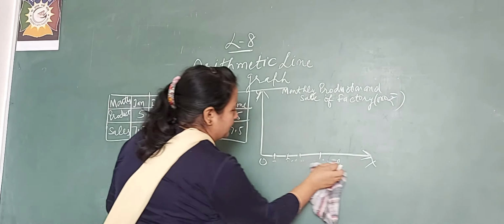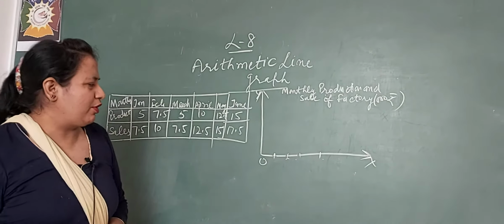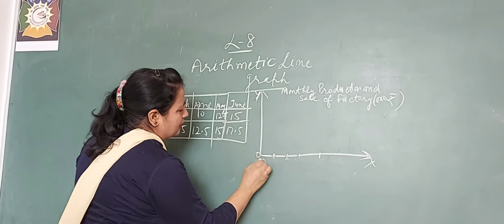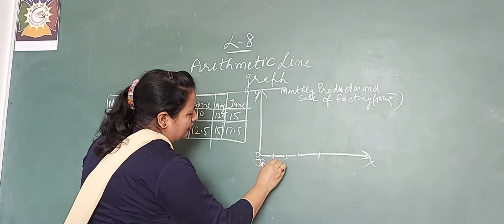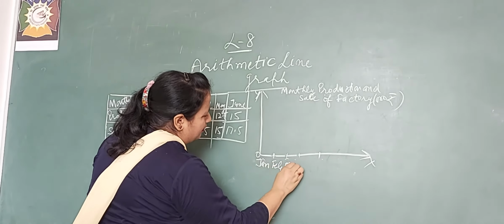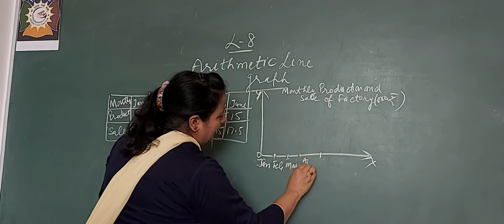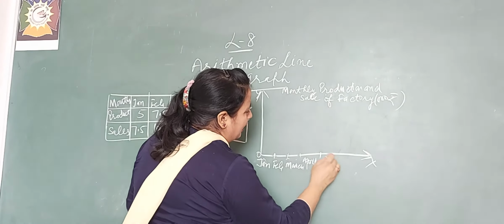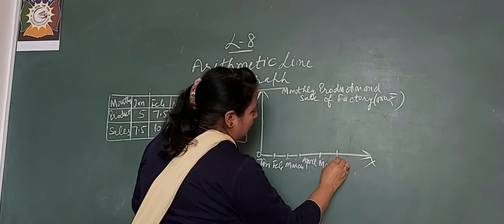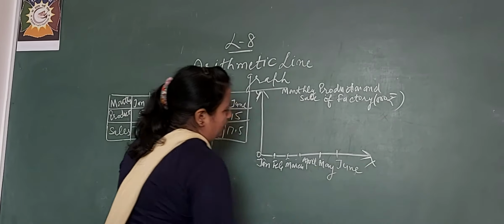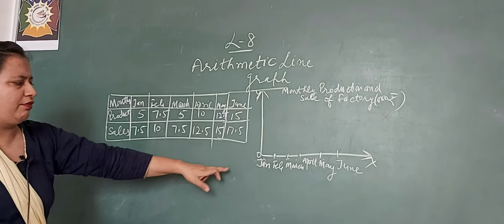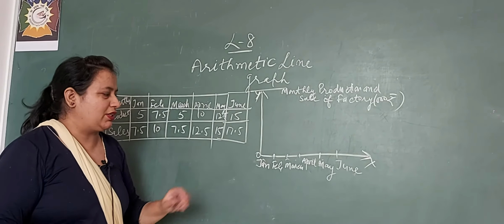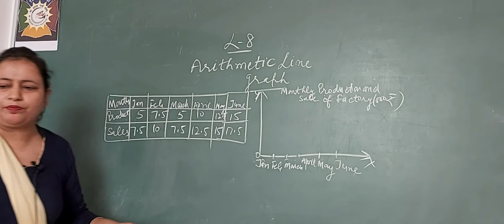Wait for a while. I will start it from the origin. This is January, February, March, April, May and the last one is June. Because you will compare it from the basic point, that is origin. That's why I am taking January over there.